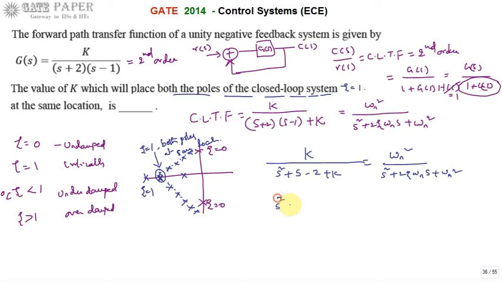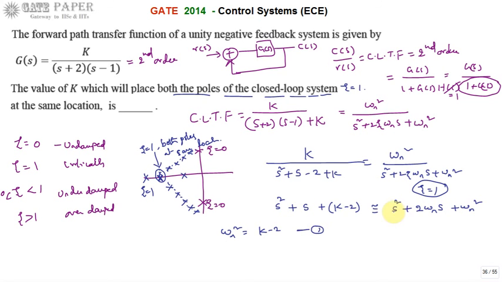In the denominator we can write it as s square + s + (K - 2), with K - 2 being the constant term, and we compare it with s square + 2 omega n s + omega n square, because zeta is equal to 1. We are dealing with both poles at the same location, so the damping ratio is 1.